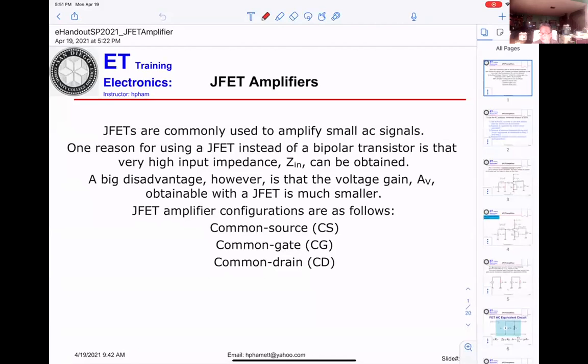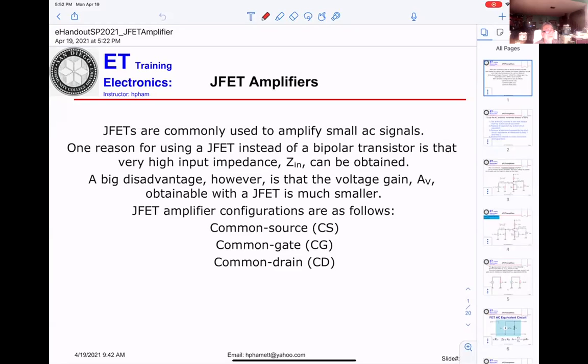Okay, so now we go into the amplifier. That means we have to deal with the DC voltage and the AC voltage. JFETs are commonly used to amplify small AC signals. One reason for using a JFET instead of a bipolar transistor is the very high input impedance of the JFET.